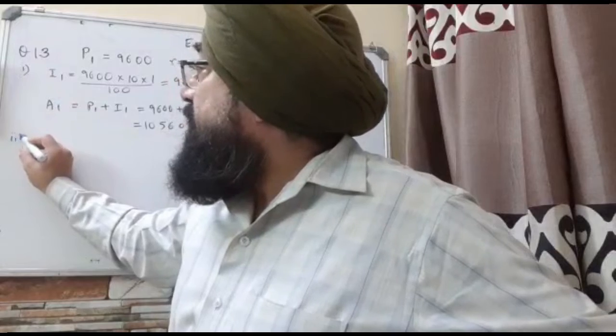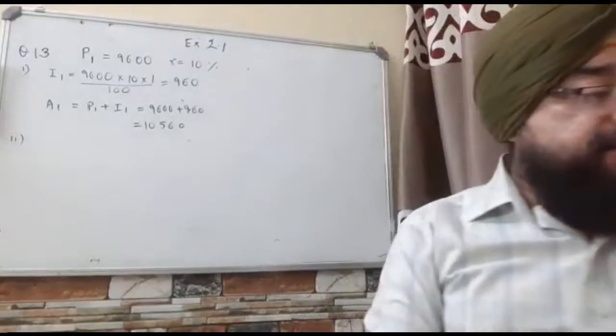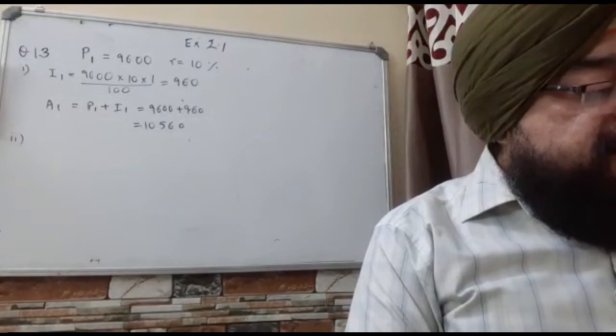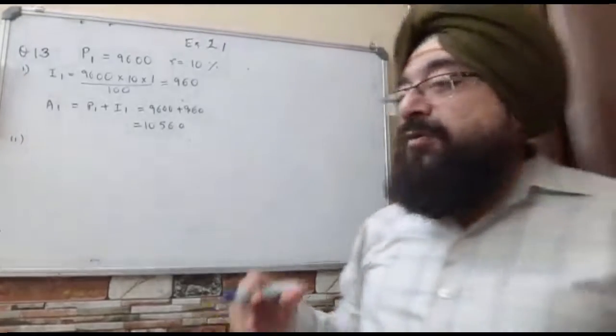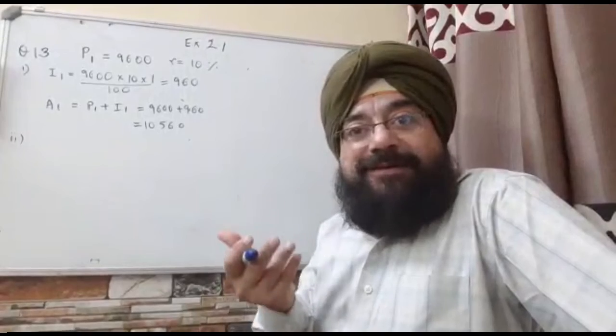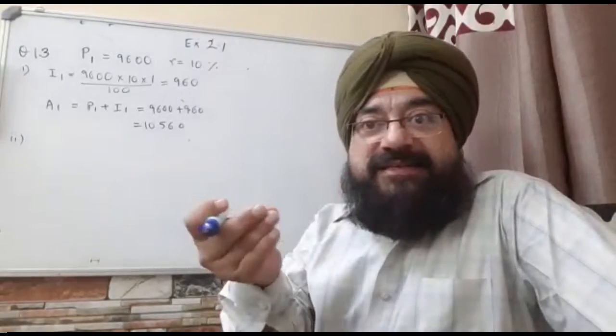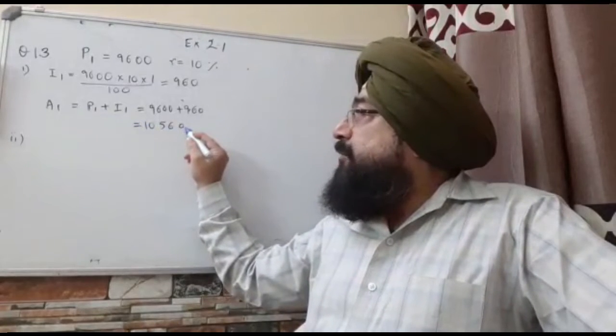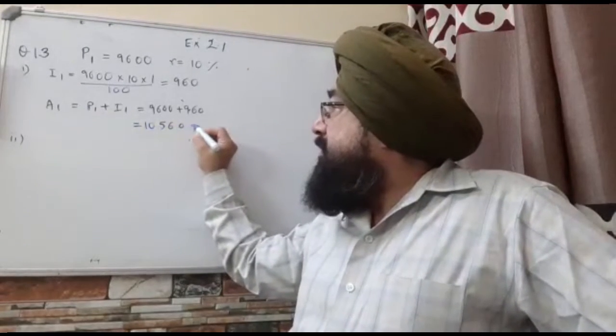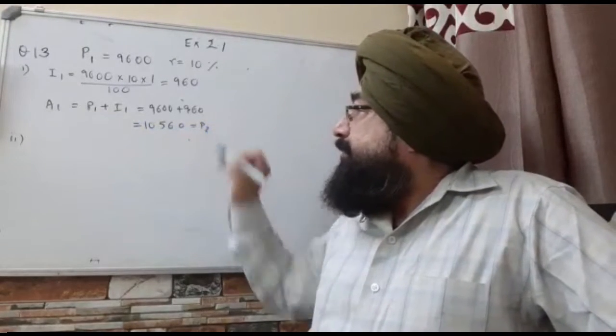Coming to the second part of this. Second part says, what is the sum due at the end of the second year? Simple, but they have asked it in so many parts. Whatever is the amount due at the end of 1 year will become the principal for the second year.